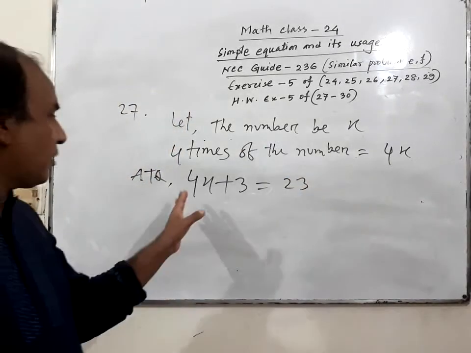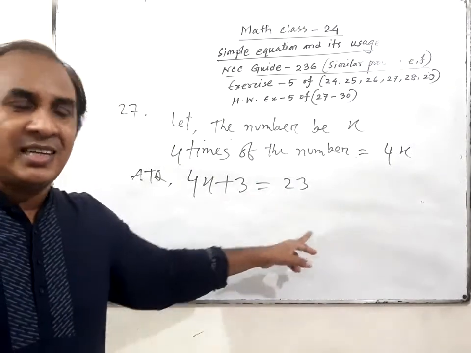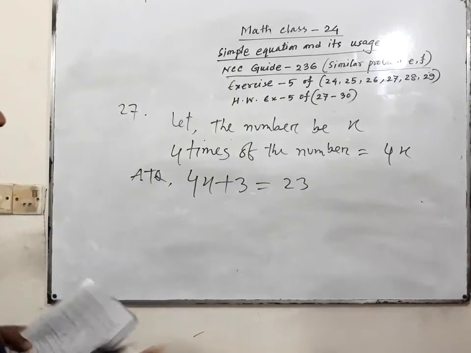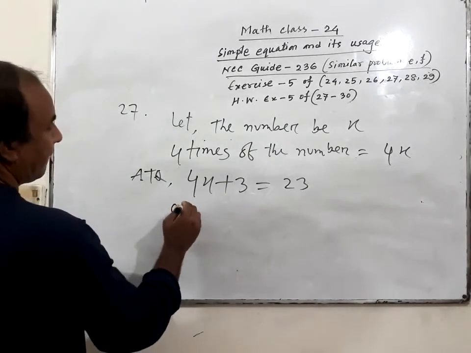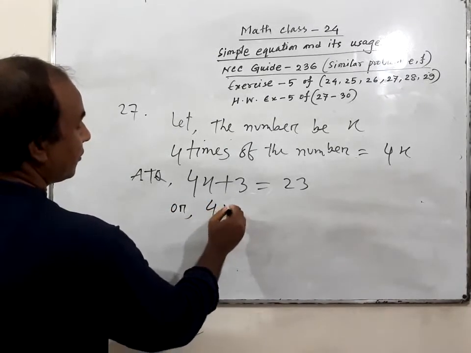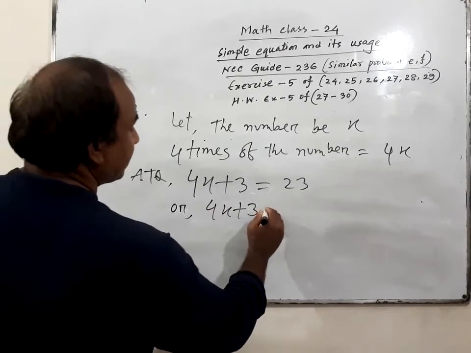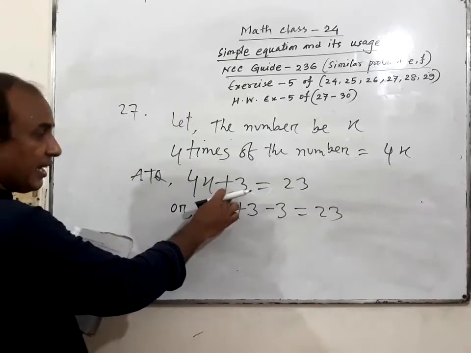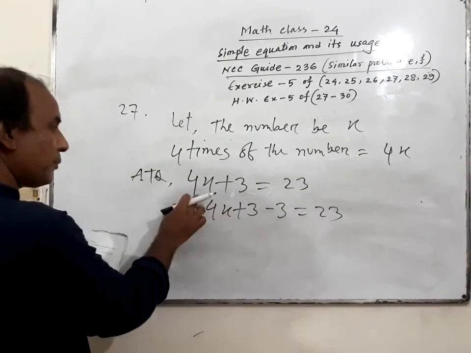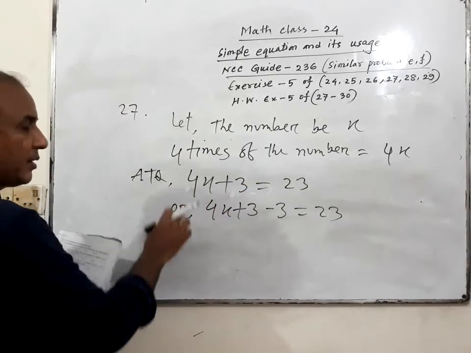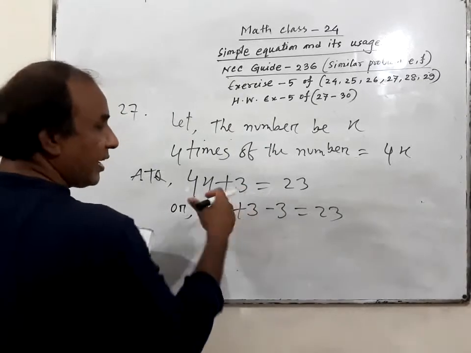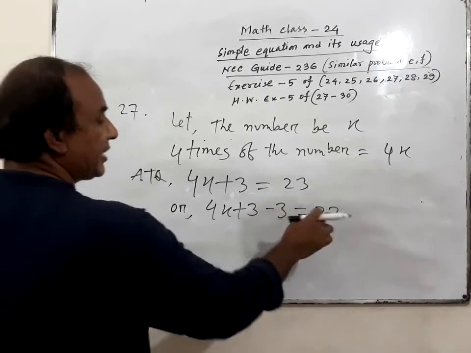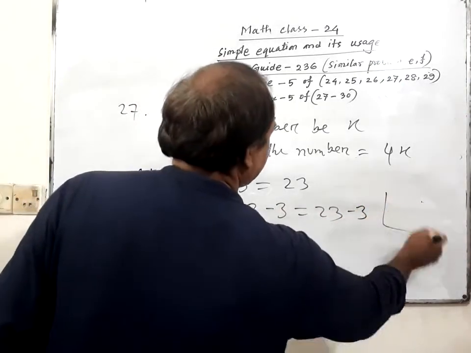Dear student, firstly we have to make the equation, and after making the equation we have to solve. We have to find out the value of the variable x. So 4x plus 3 minus 3. Firstly we have to abolish plus 3, then we have to abolish 4. For abolishing plus 3, we have to subtract 3 from both sides.